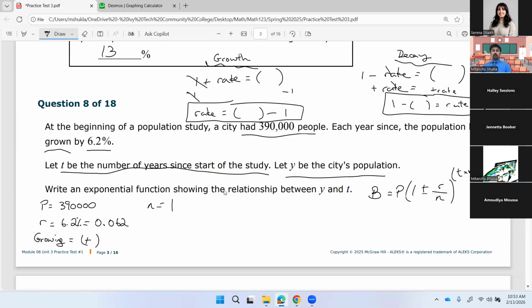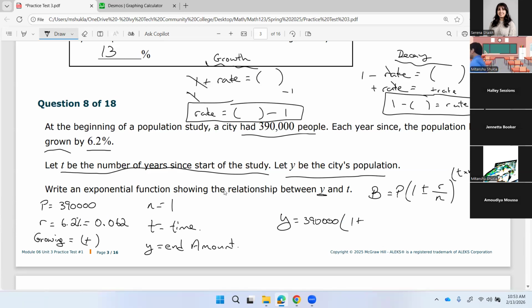Okay, so n is 1, and t is some time. We don't know what t is. We can plug all this stuff in, and they want y to be our balance, our end amount, right? So when I plug all this in, I get y is equal to my principal, 390K, times 1 plus our rate divided by 1.